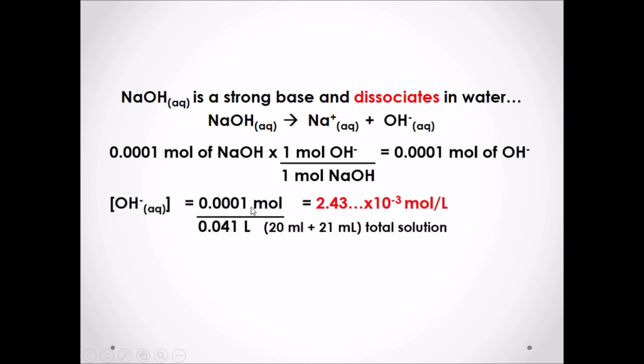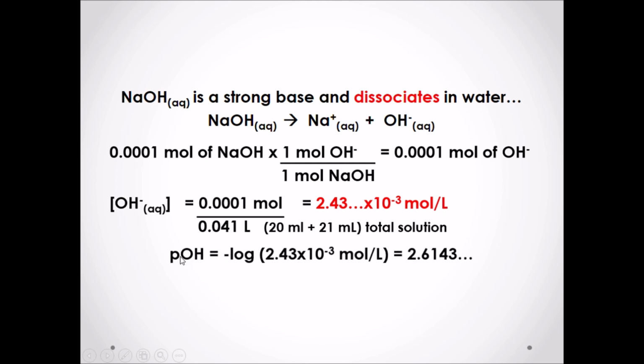We can then take the moles of hydroxide and divide it by the total volume of the solution. That is 20 milliliters plus 21 milliliters. That gives us a concentration of hydroxide of 2.43 times 10 to the minus 3 moles per liter.